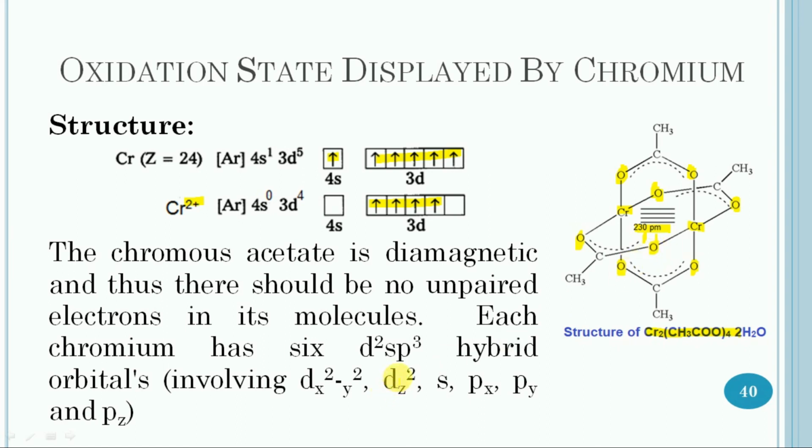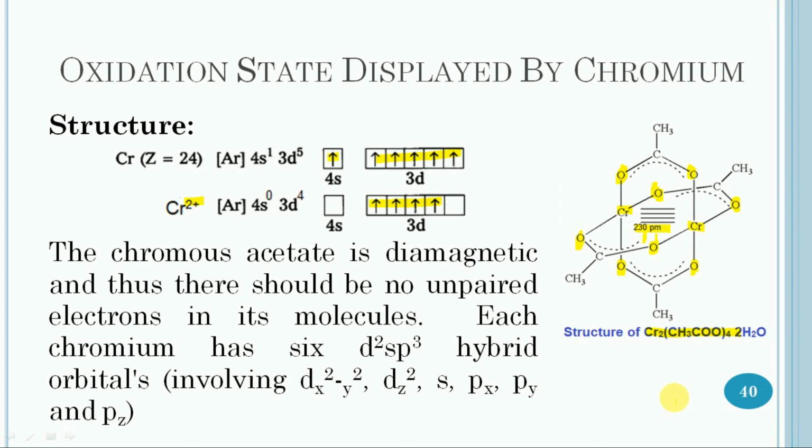The interaction between the 2 chromium atoms is very strong, since they are close to each other because of a very short chromium-chromium bond distance. Therefore, all the 4 d electrons of each metal ion are paired, which accounts for its diamagnetic nature.